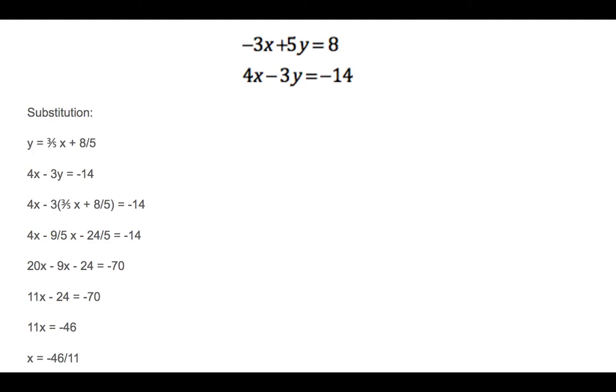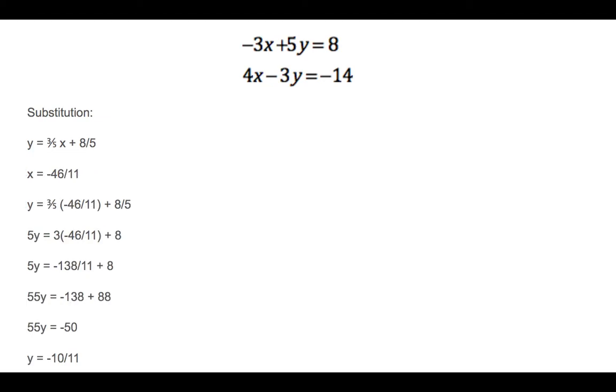Wow, that's fabulous. So now I need to take that x back to one of the original equations and get what y equals. Well, since I had rewritten y is 3/5 x plus 8/5, I figured that's a good place to drop x. So I put negative 46/11 in for x to solve for y.